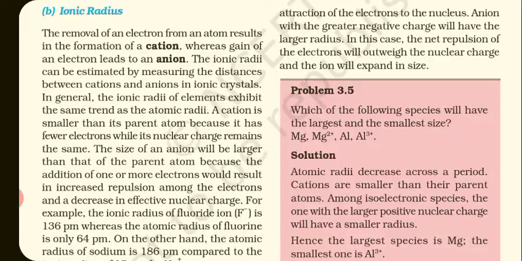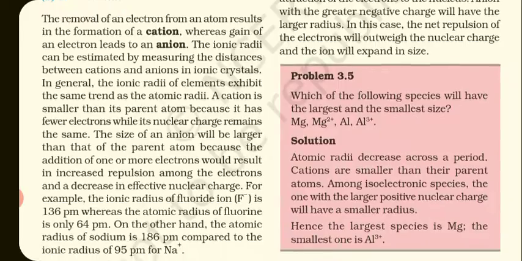The ionic radii can be estimated by measuring the distance between cations and anions in an ionic crystal. The ionic radii of elements exhibit the same trends as the atomic radii. A cation is smaller than its parent atom because it has fewer electrons, while its nuclear charge remains the same.